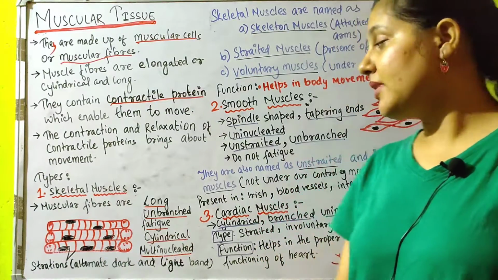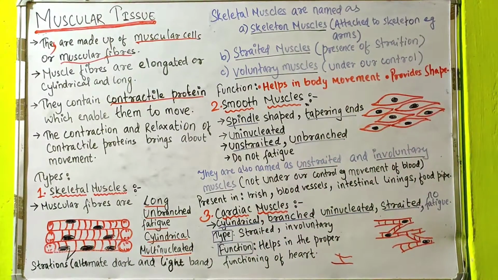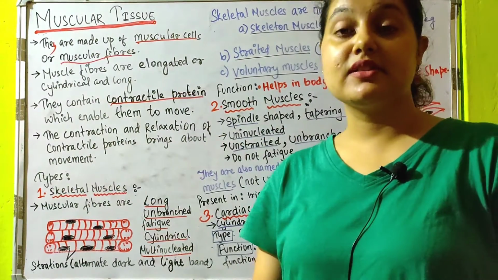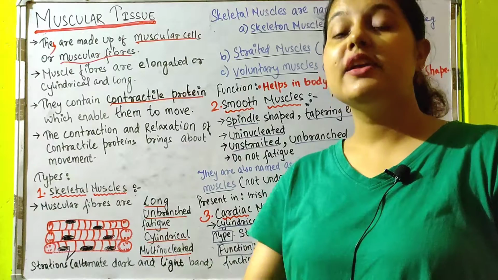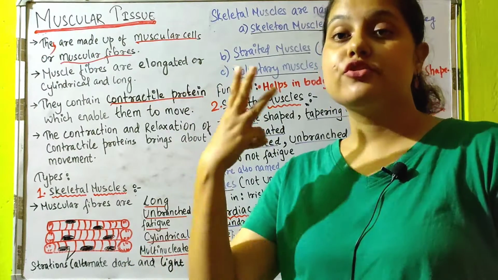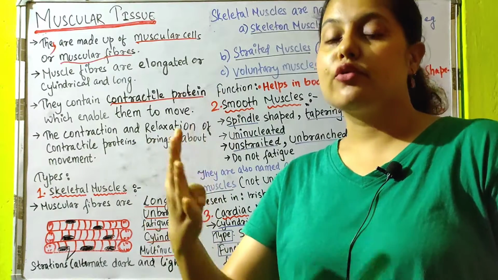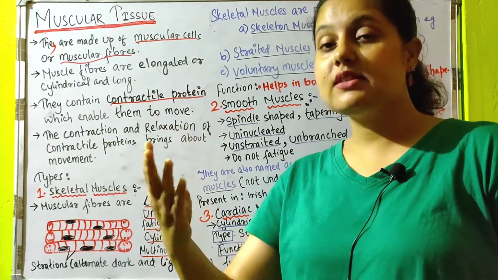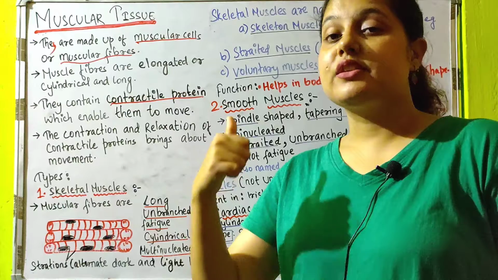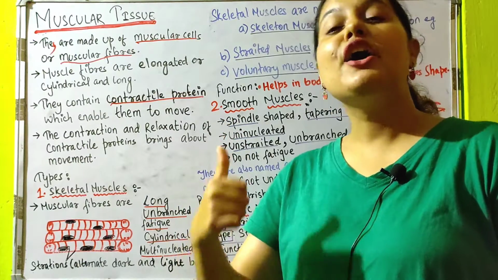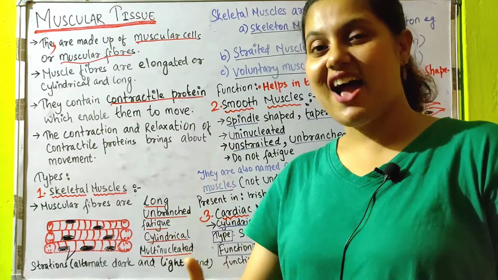So they are named involuntary muscles and unstriated muscles. Also, cardiac muscles are uninucleated, branched, and have striations. They are also involuntary because we cannot control the movement of cardiac muscles. These muscles are present in the heart and they help in the proper functioning of the heart.